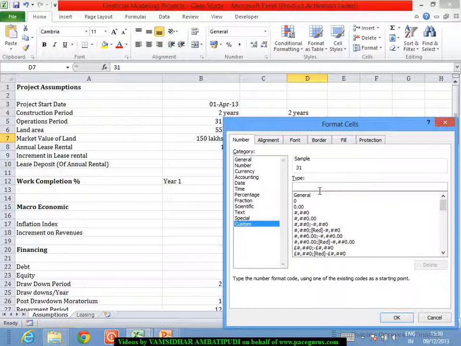If I say let it be in terms of numbers, what I'll simply do is I'll put a hash and a 0, and in the space I will put years within the quotes.